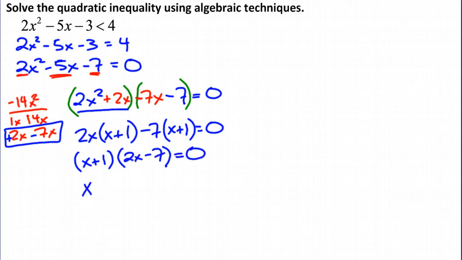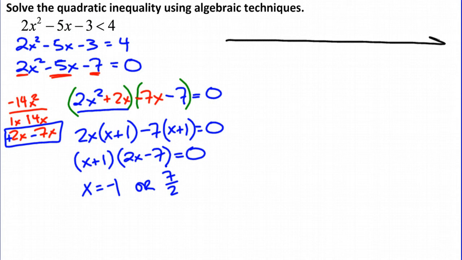And this tells us that x is equal to negative 1 or 7 over 2. So we're going to take that negative 1 and 7 over 2 and look at them on a number line real quickly. And I'm not going to be very specific, but negative 1 would be somewhere back here. 0 is over here.